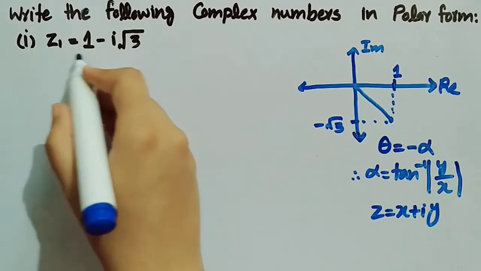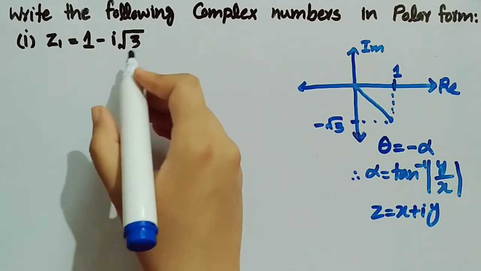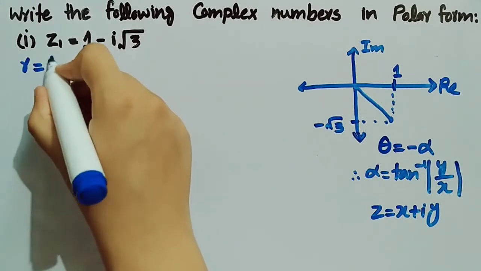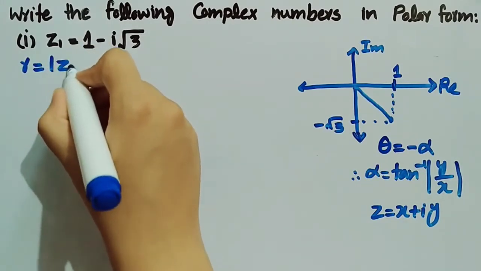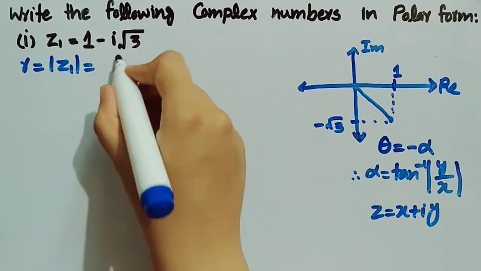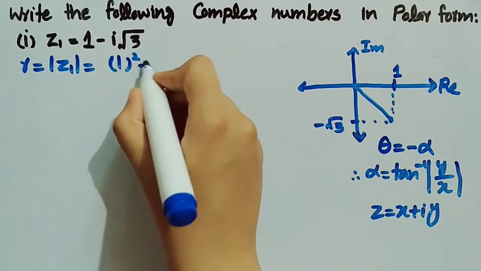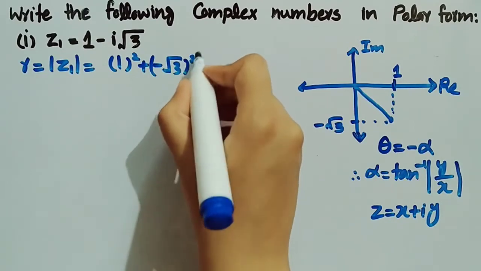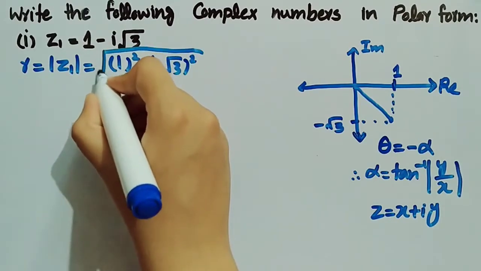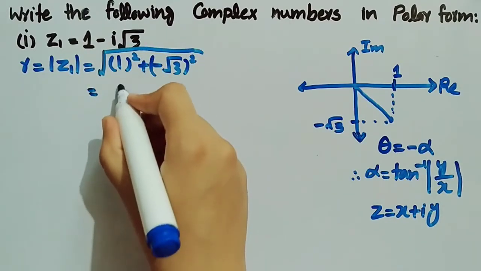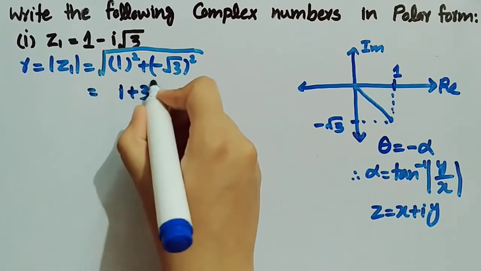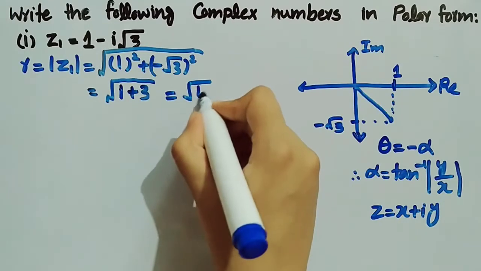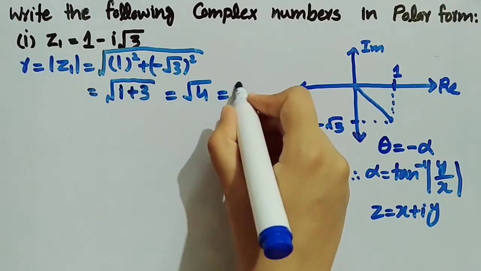So for z1 is equal to 1 minus iota square root 3, r is equal to mod of z1, which is equal to square root of 1 square plus minus square root 3 whole square, and it is equal to square root of 1 plus 3, which is equal to square root 4, which is equal to 2.